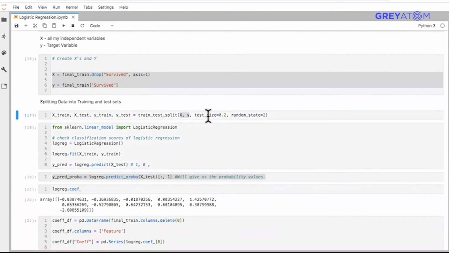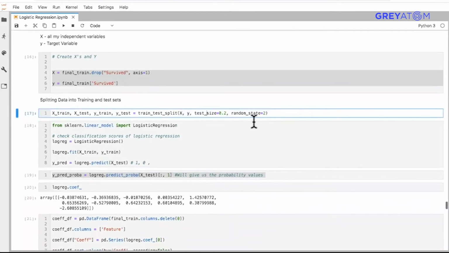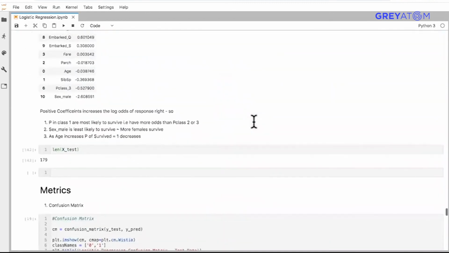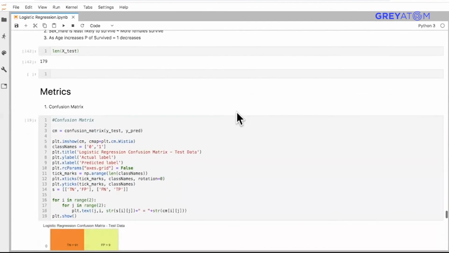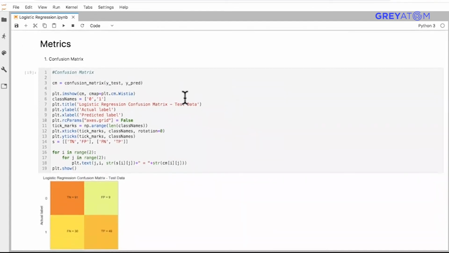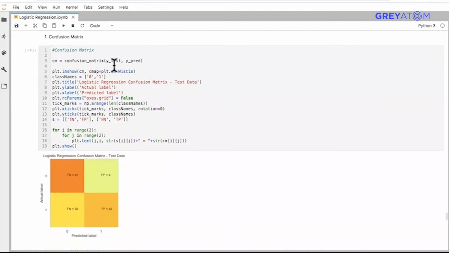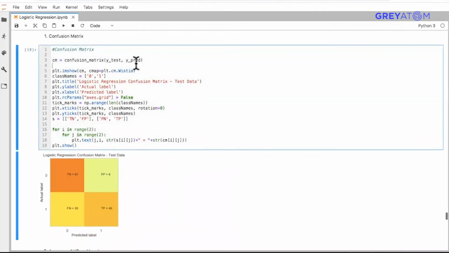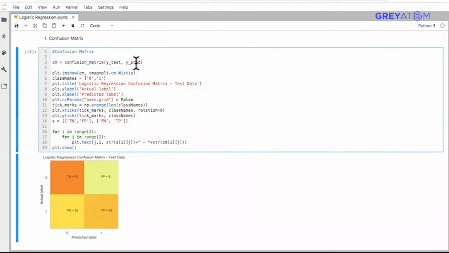So to replicate the results again and again, we set the random state. So we talked about our coefficients here. Next, we remember the metrics here. First was the confusion matrix. It's just a confusion matrix of y test and the y predicted that the model spit out.